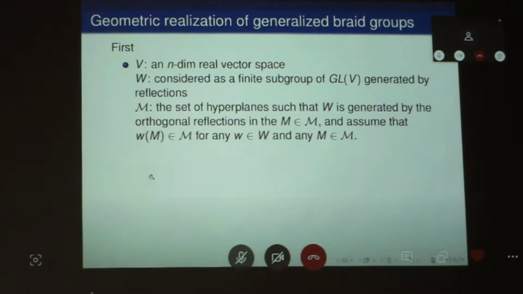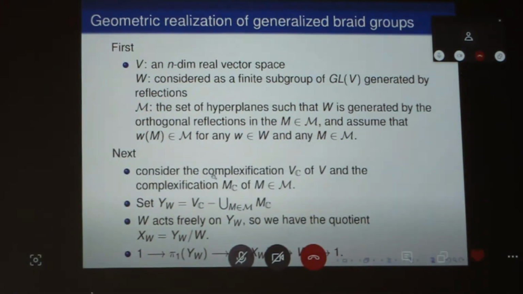Then we consider the complexification of this real vector space and also of the hyperplanes. Then we can get arrangements in complex space.